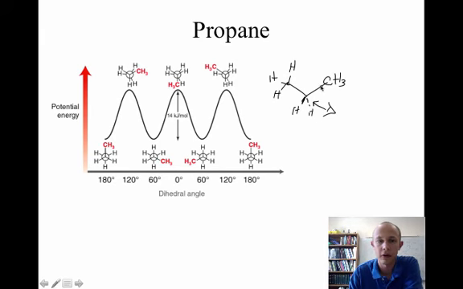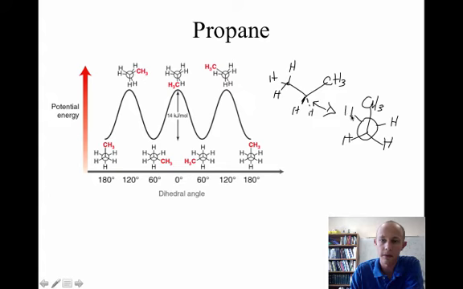On the front carbon, we have a methyl and a hydrogen and a hydrogen, so we draw the front carbon as an upside down Y. We have CH3 and an H and an H, and in the back, in our lowest energy conformation, we have our 3 hydrogens. So this is going to be our lowest energy staggered conformation.